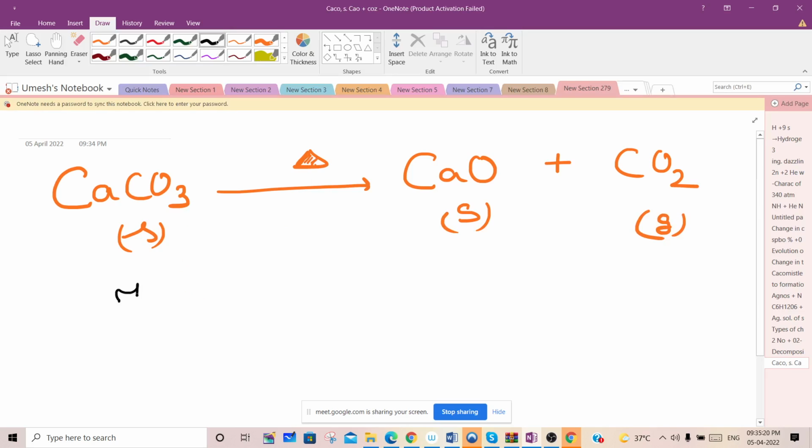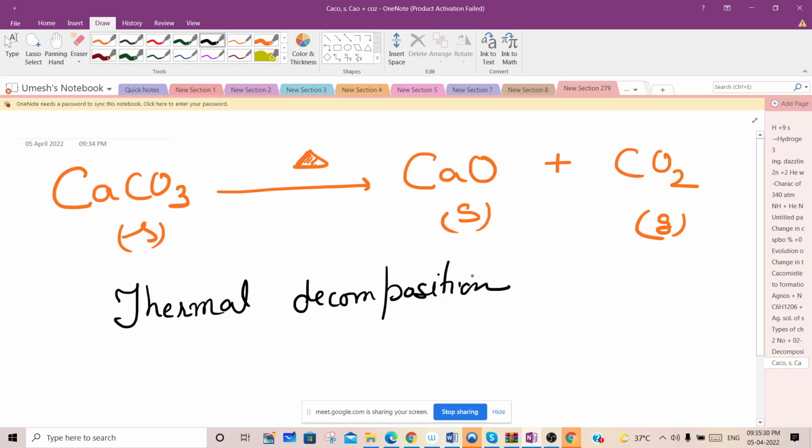Again, this is an example of thermal decomposition. Thermal means heat. Upon heating, it is getting decomposed.